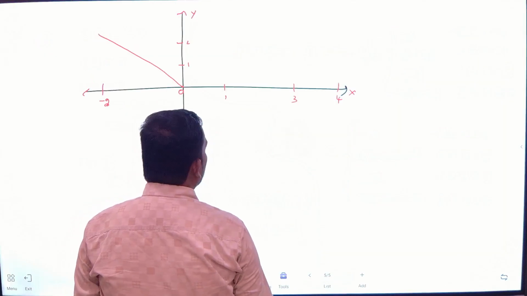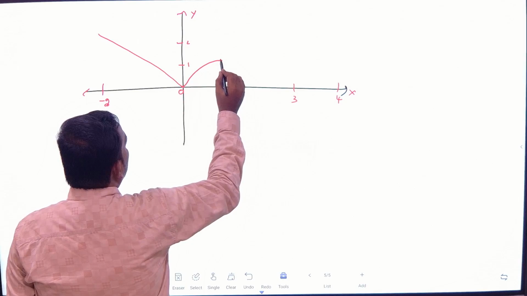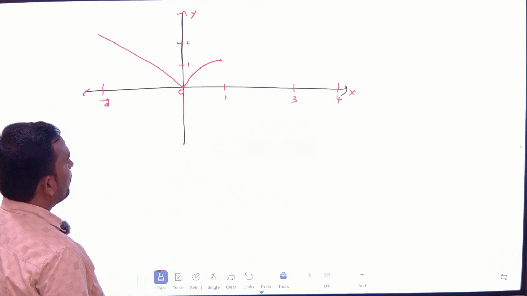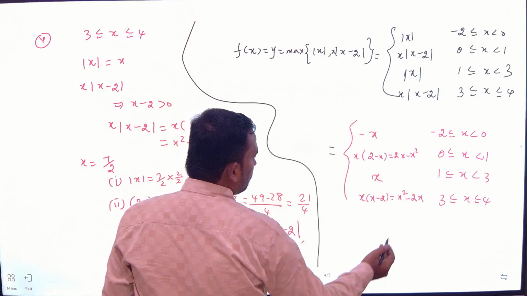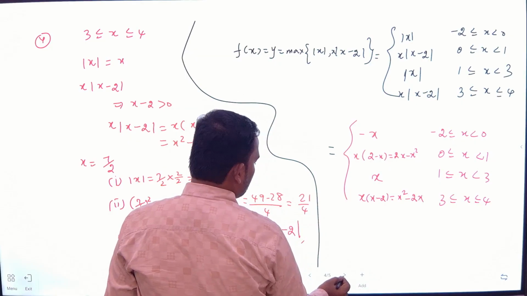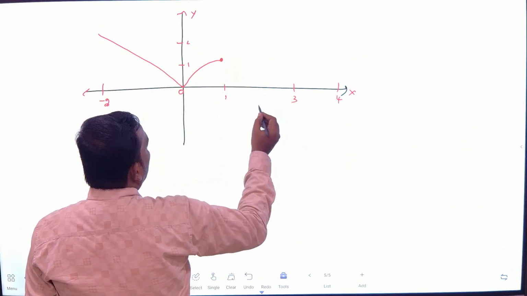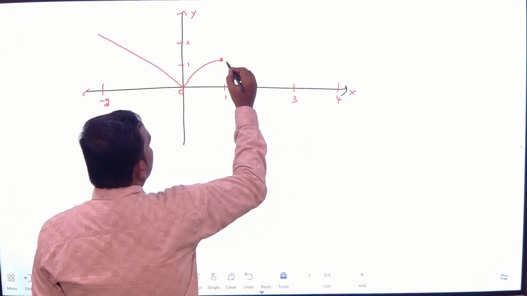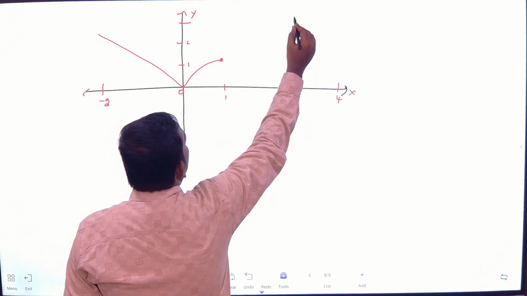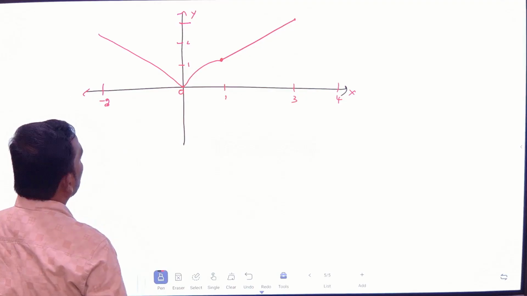The maximum will be 1. So, the parabola will be like this, downwards, right? Then 1 to 3, if I put 1 here 1, 3 here 3. So, y is equal to x, 1 means 1 and 3 means 3. So, you can see here 3. Let's take it up to this. This is your function.